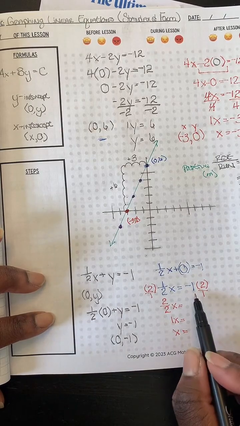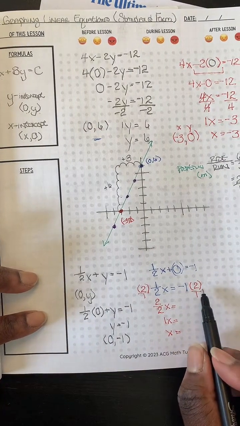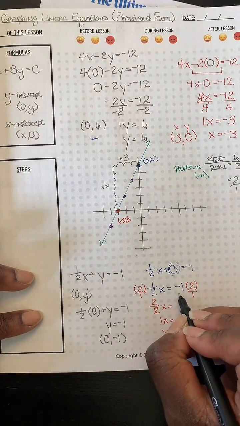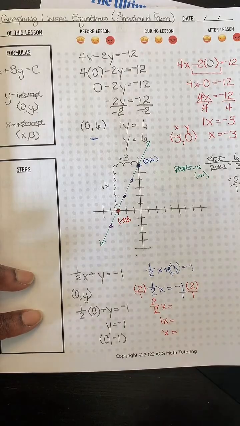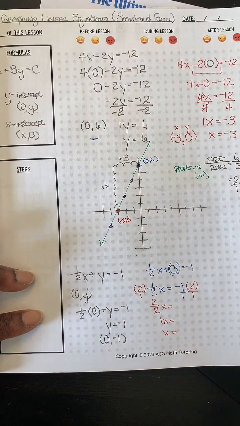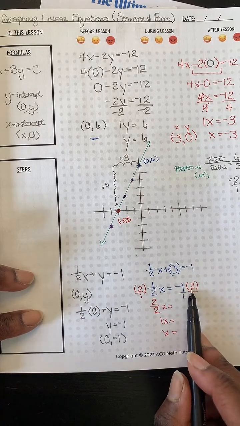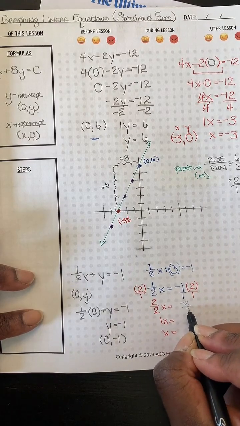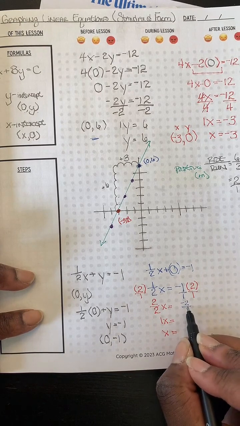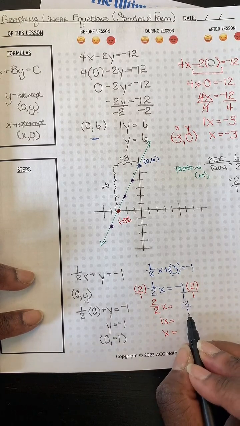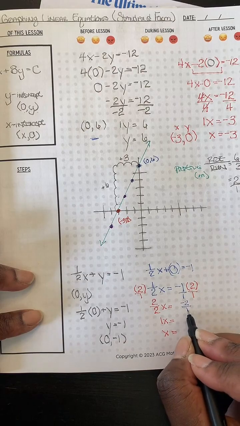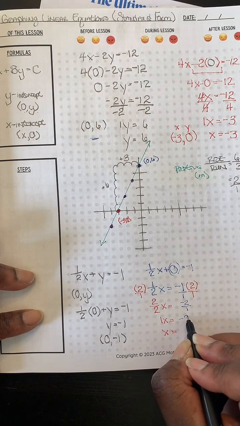So over here, when you multiply a whole number with a fraction, we want to put that whole number into a fraction by putting it over 1. So now you got negative 2 over 1, because negative 1 times 2 gives me negative 2, and 1 times 1 gives me 1. And that means negative 2 divided by 1 gives me a negative 2.